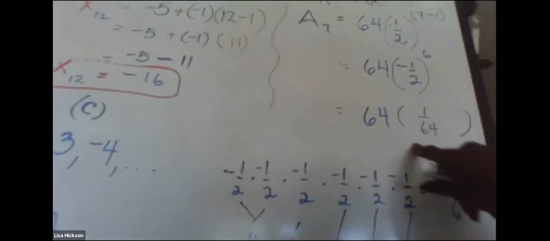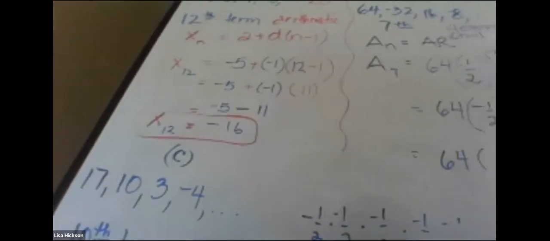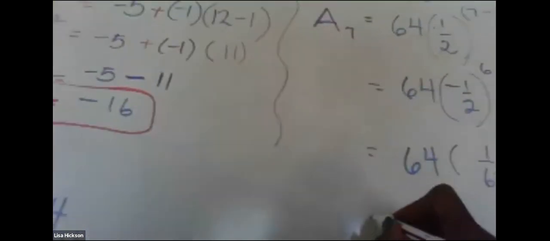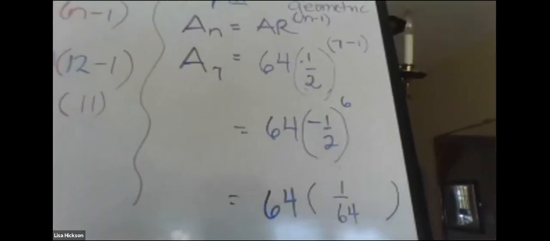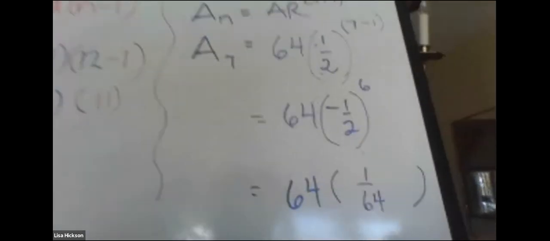So now we've got a math problem we can work with. What is 64 times 1/64? You remember multiplication of fractions: numerator times numerator. For those of you who don't like how this looks, remember that every whole number can be made a fraction by putting what in the denominator?